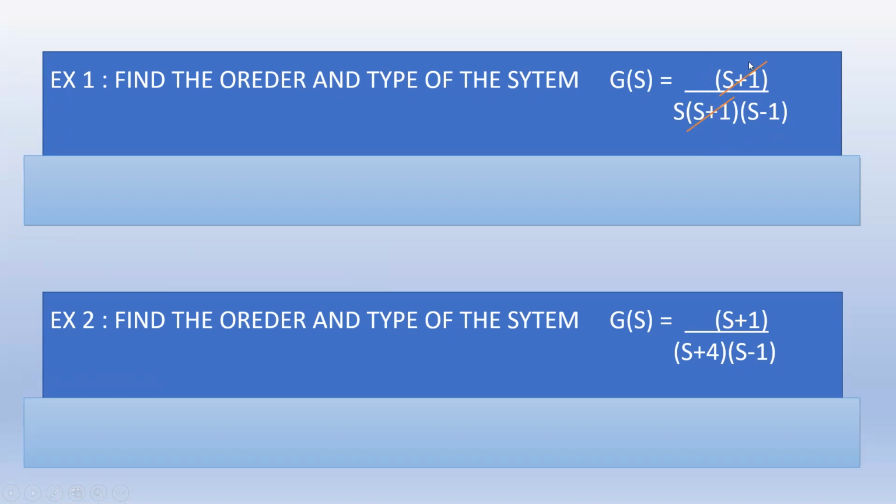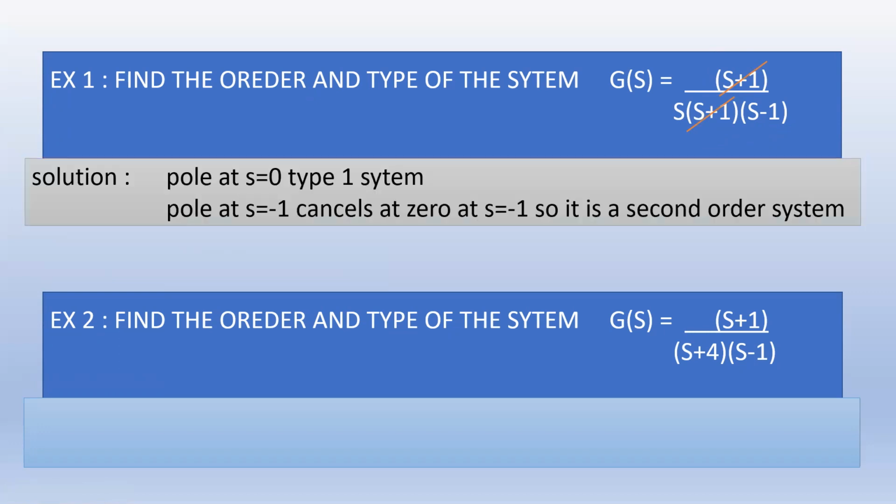The order of the system is 2, the highest power. So this is a type 1 system and order 2.